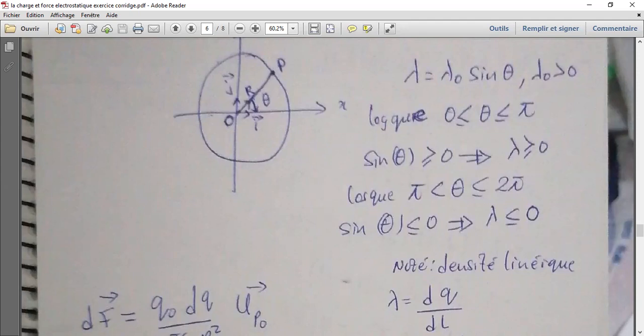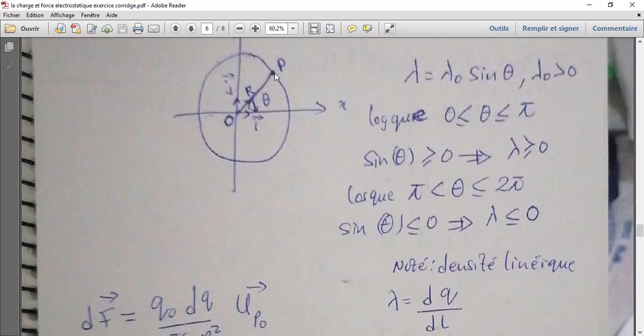So the formula for force is equal to Q, where the force is exerted, times another Q, a charge which causes the force.